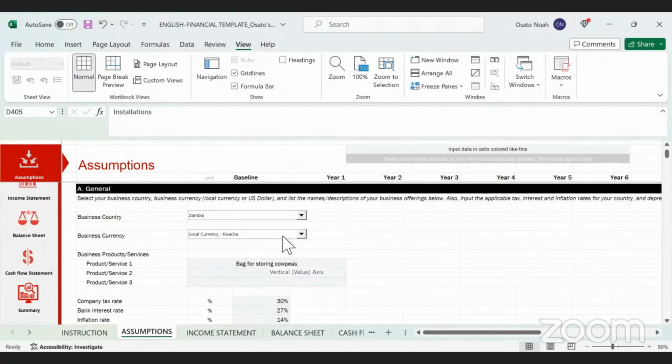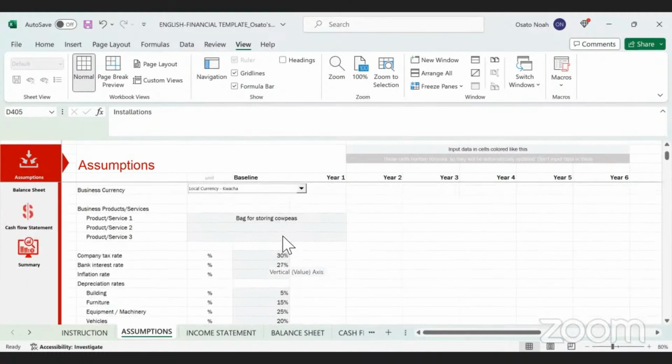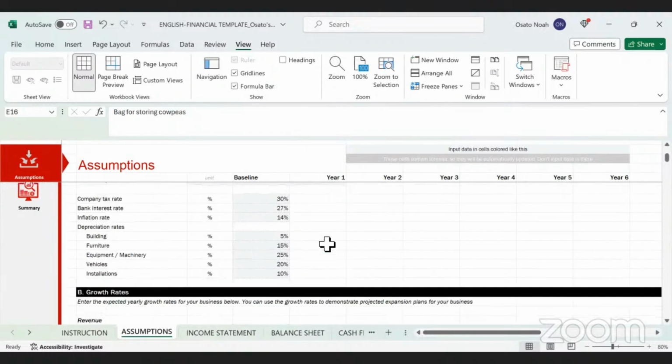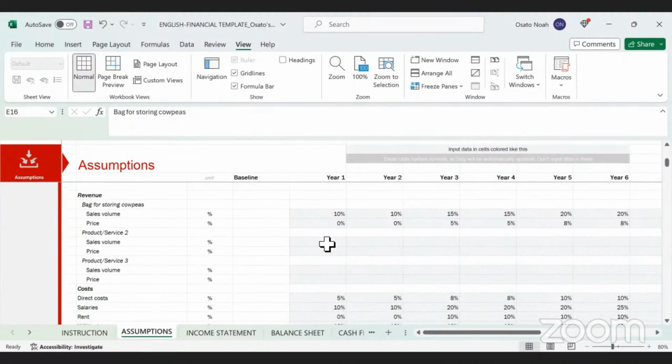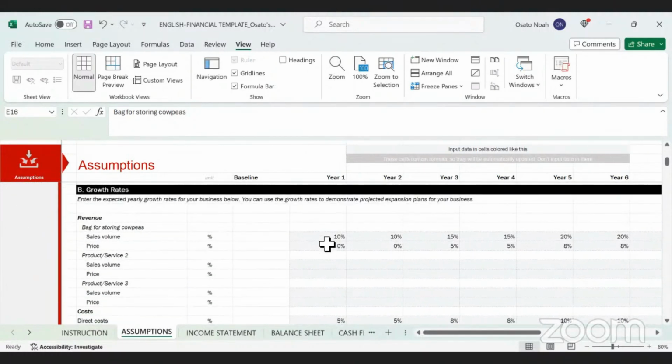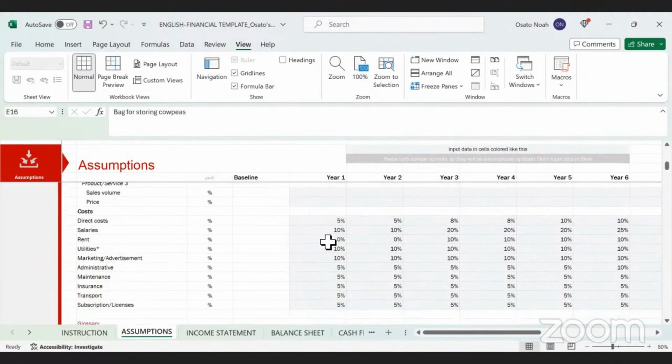You definitely need to project your growth rate. So instead of a bag of cowpea, you can put your IT services or your IT product that you are providing. Maybe you're providing IT services, you're developing software. So also the tax rates, all of those things are applicable. Then your revenue projection, you can put the rates based on what you want to do.